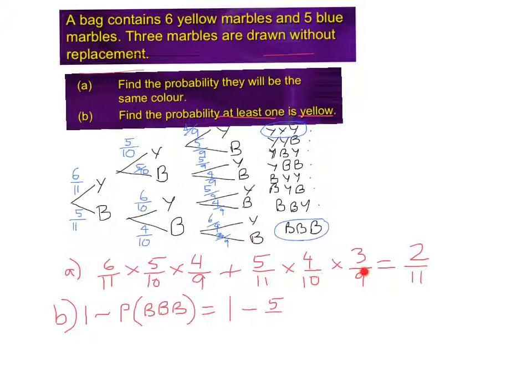So it's 5/11 times 4/10 times 3/9, multiplying those three probabilities together. So 1 minus that, and putting it in the calculator, that equals 31/33.